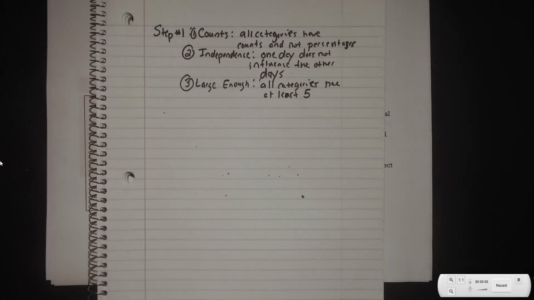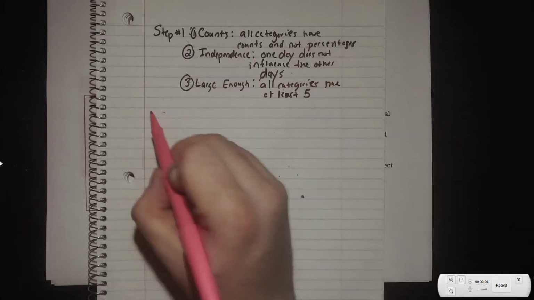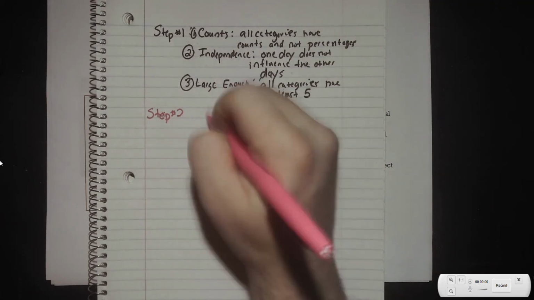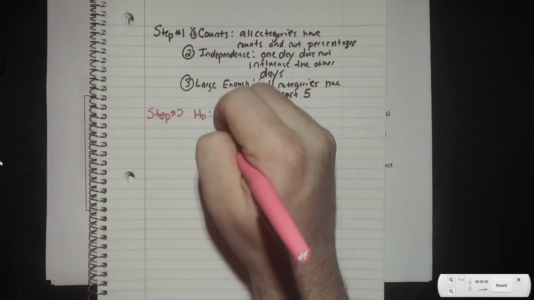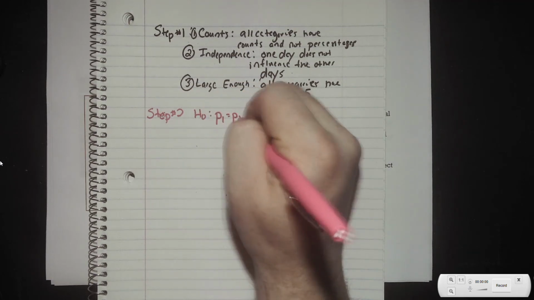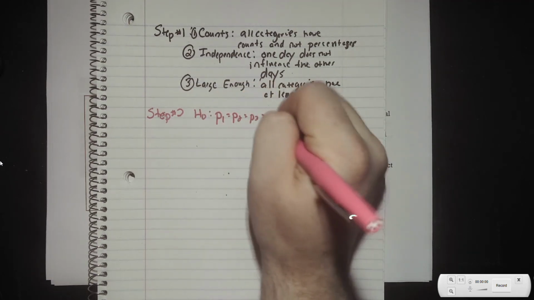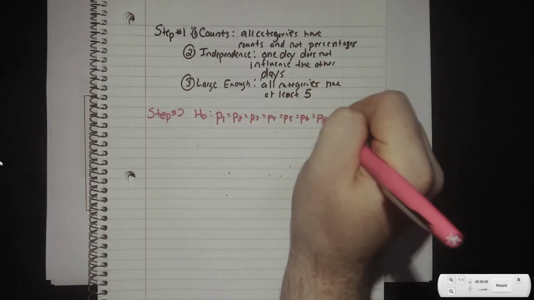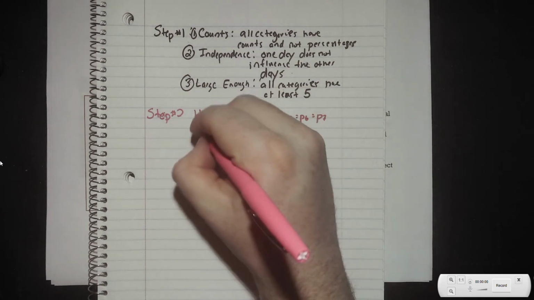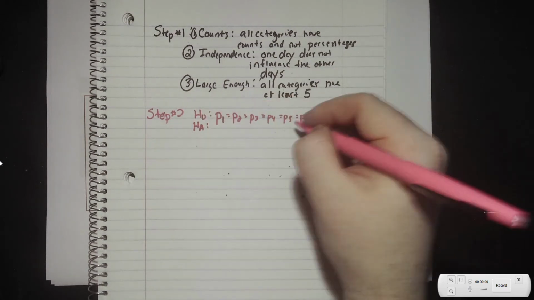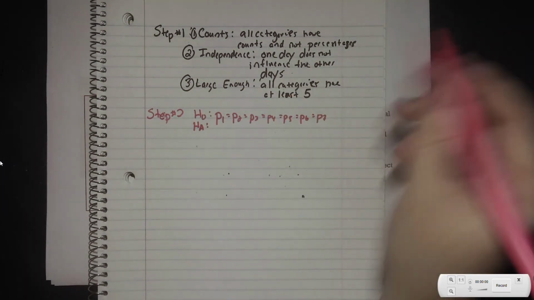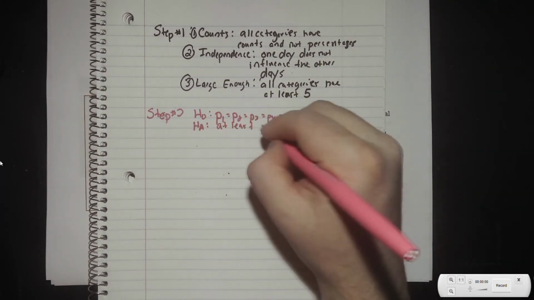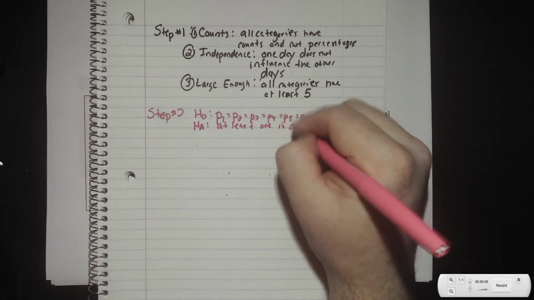So say P1 is equal to P2 is equal to P3 is equal to P4 is equal to P5 is equal to P6 is equal to P7. I also sometimes just write down a sentence that says all the days are equal to each other, something like that, and then say at least one is different.